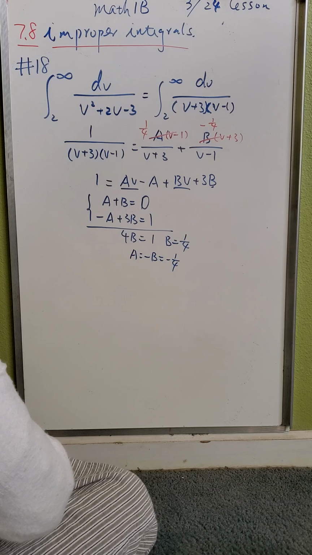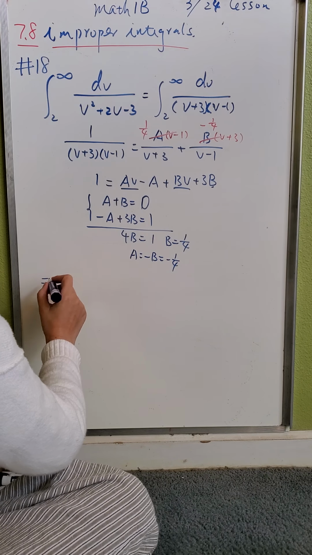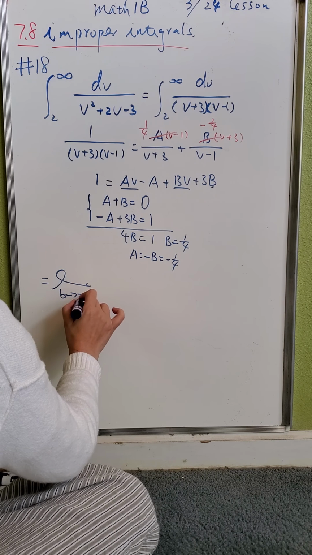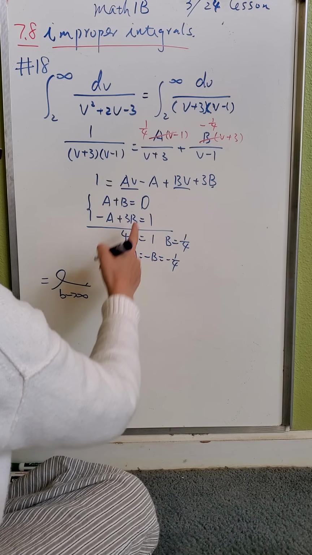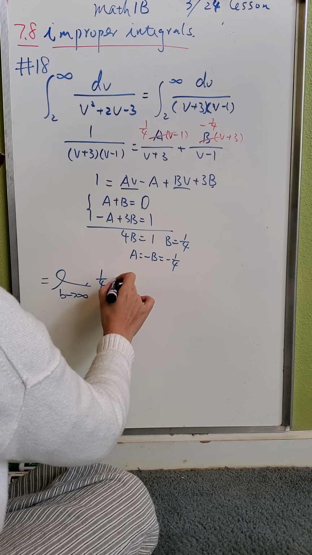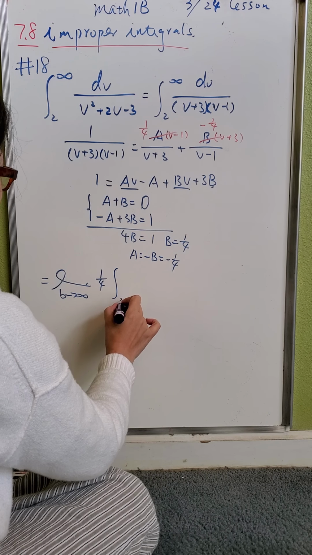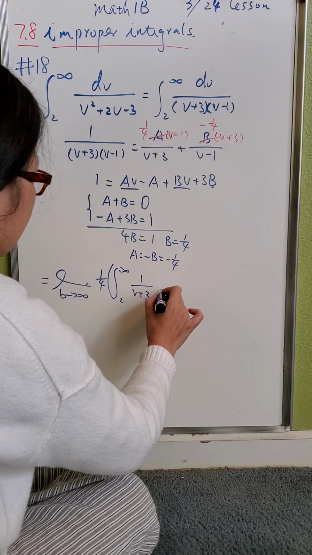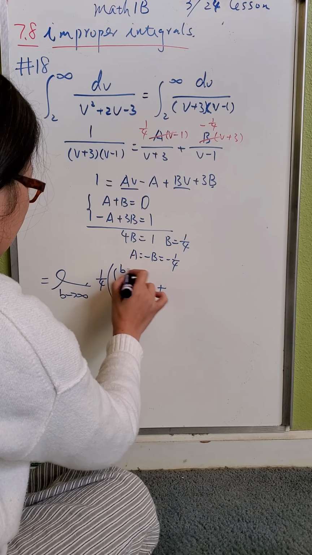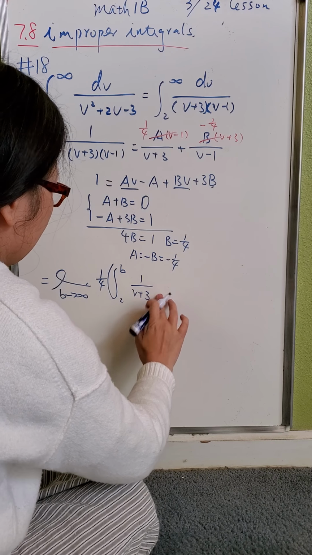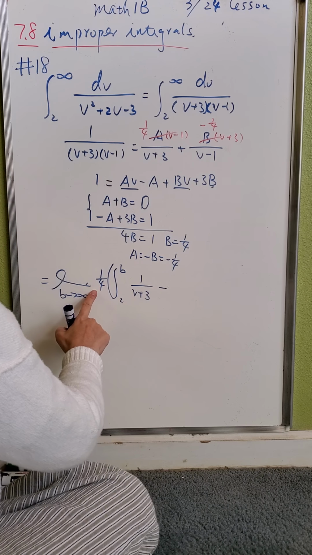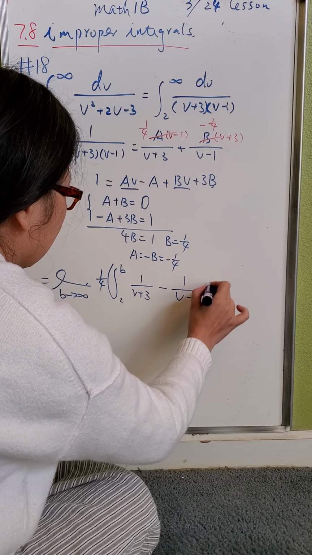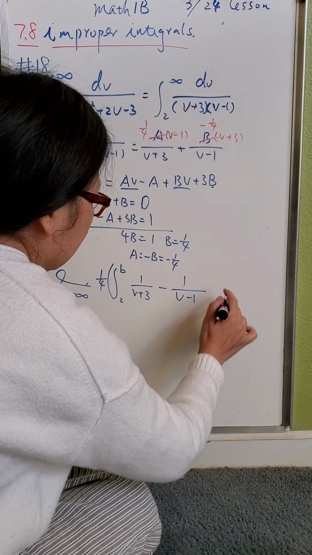So I'm going to write this as the limit as b approaches infinity. I'm going to break the two of them. 1/4, I take it out, integral from 2 to b of 1 over v plus 3, and then I take out 1/4 here, that becomes negative, so negative 1 over v minus 1 dv.